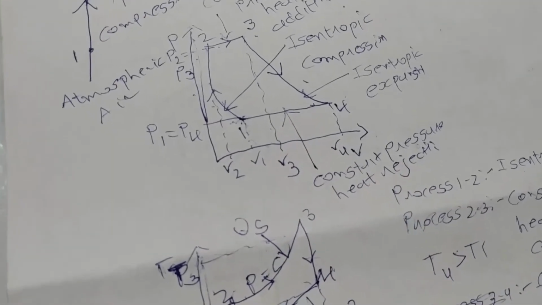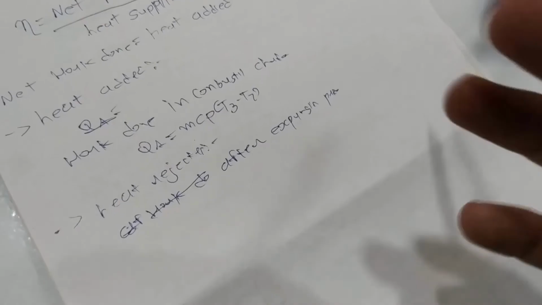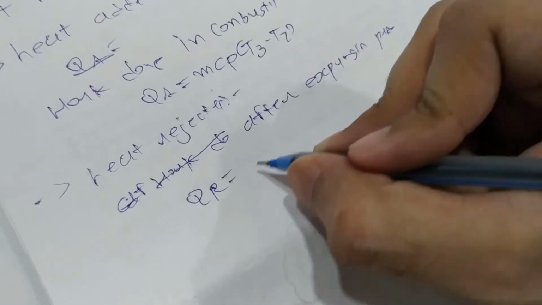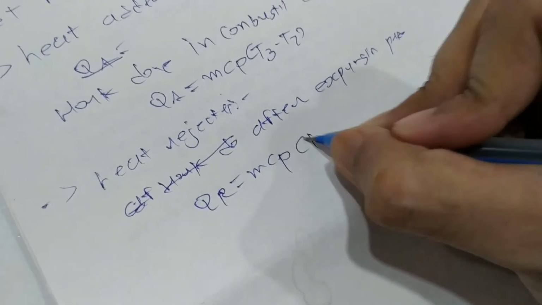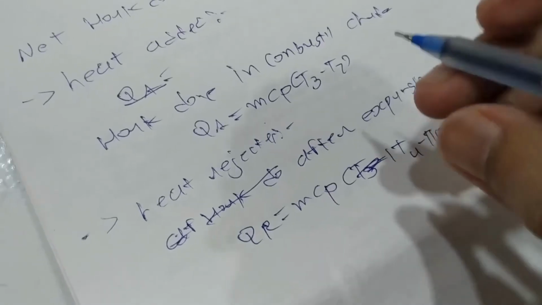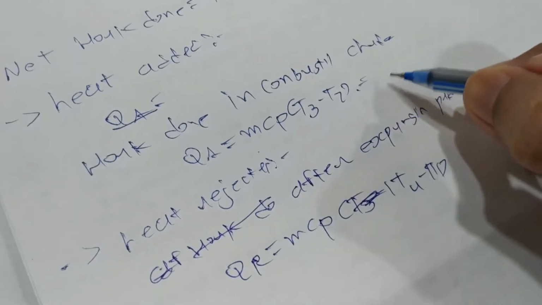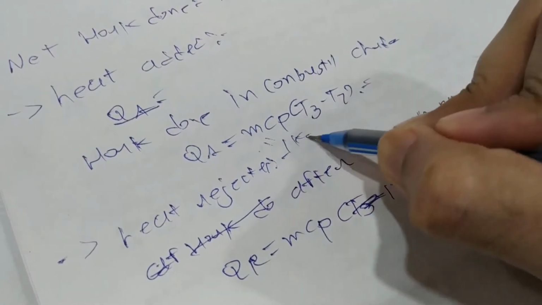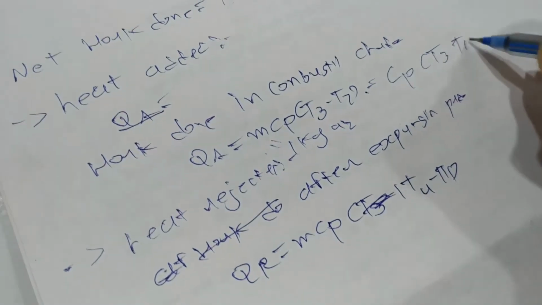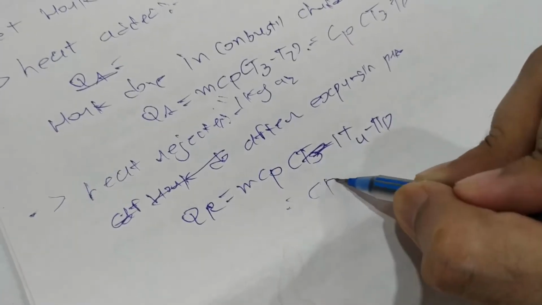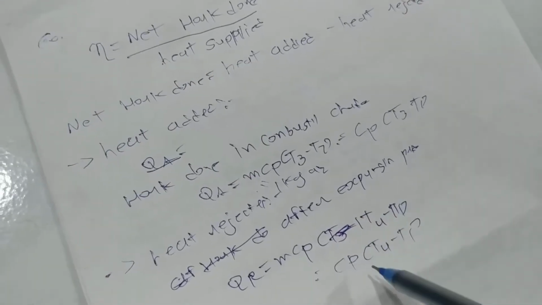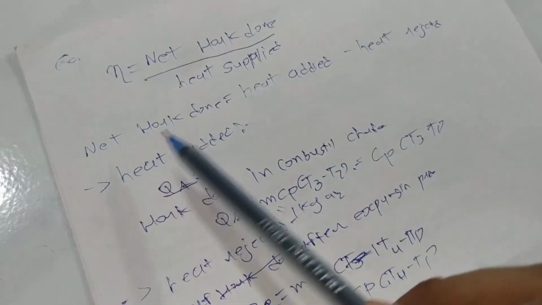So T4 is more than T1, and I can write m Cp T4 minus T1. We have taken m equal to 1 kg of air, so we can also write Cp T3 minus T2 and Cp T4 minus T1. Now I will put both of these values in the net work done.